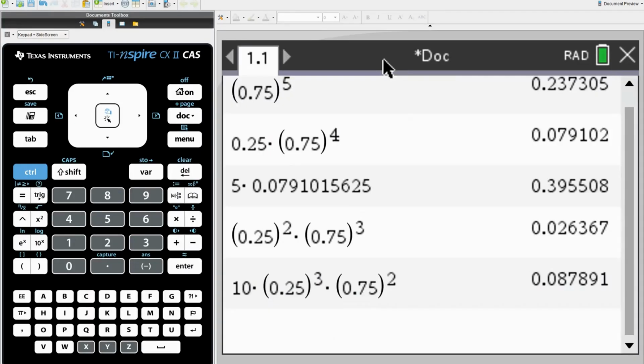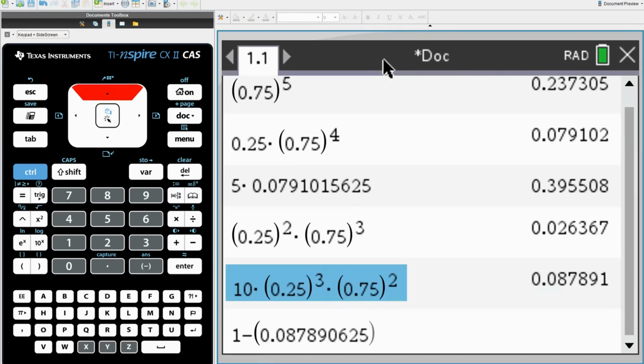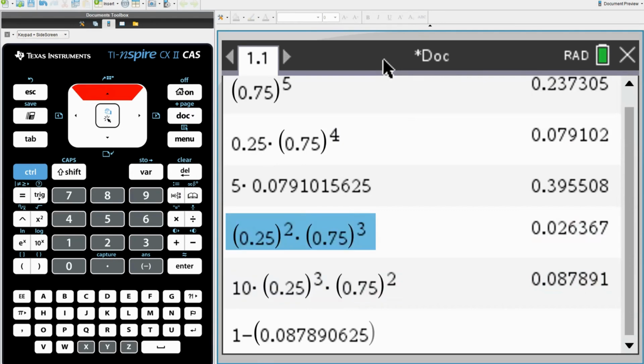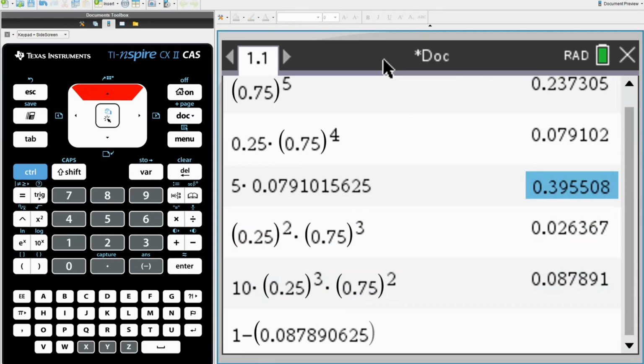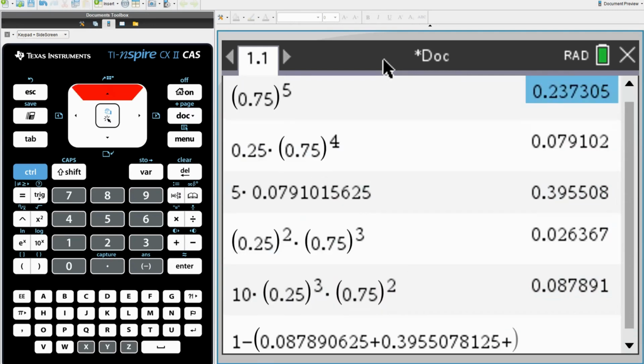So that is 1 minus this probability, plus that probability, and then one more, the probability of 0 successes.